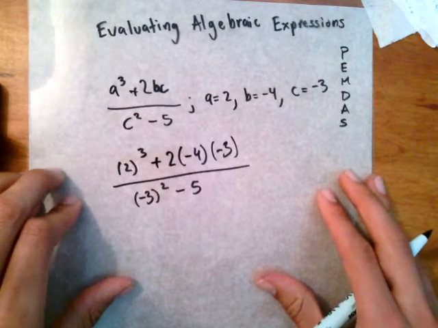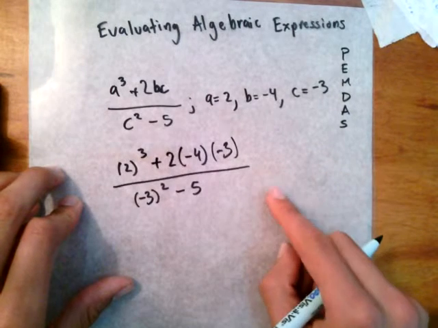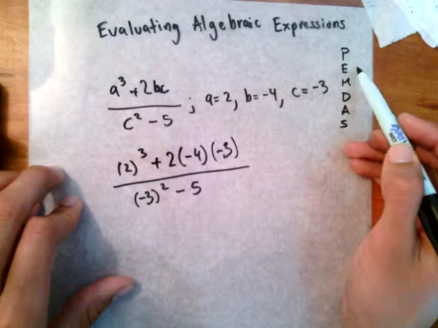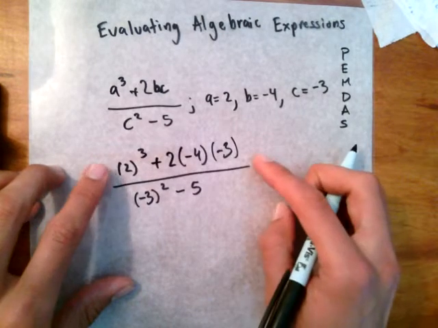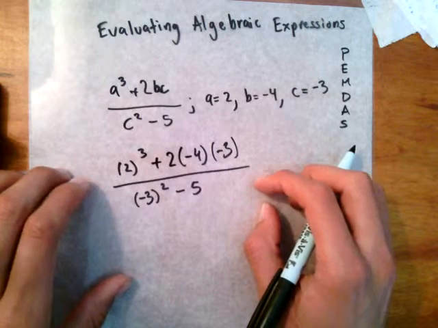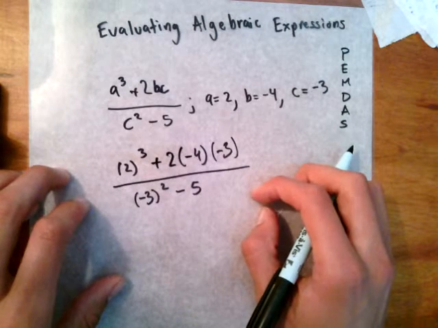So yet again, we want to begin by applying PEMDAS. We're not dealing with parentheses in this problem, so we go to the next thing, which is exponents. Since we're dealing with a fraction, we can work each part individually or at the same time.